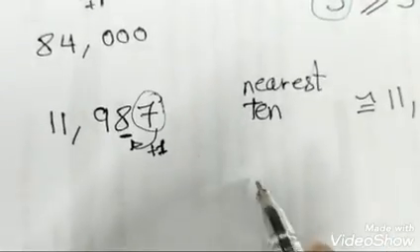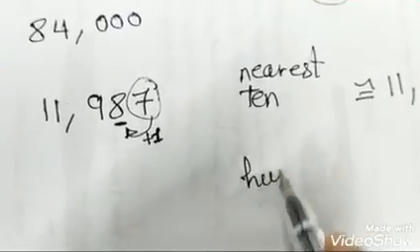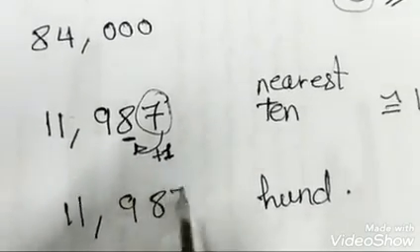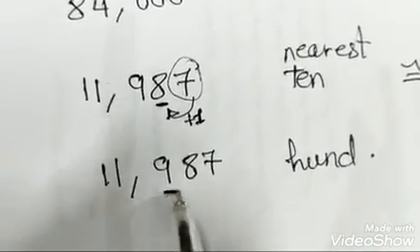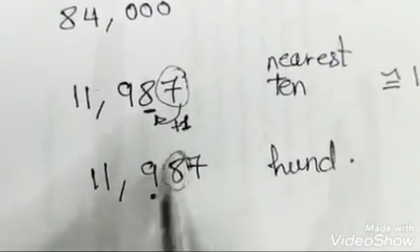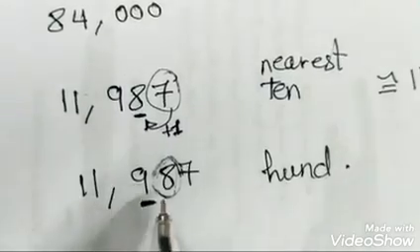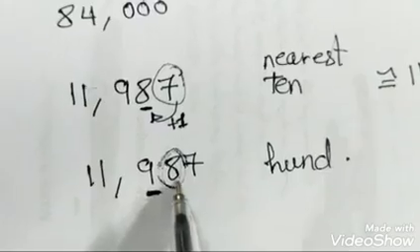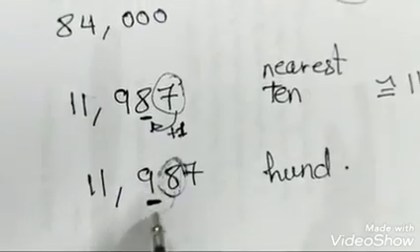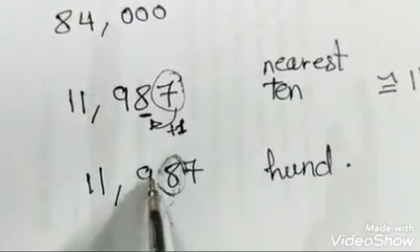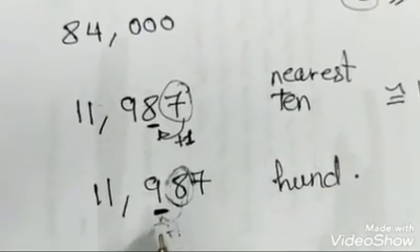Then the nearest 100. In 11,987, the hundreds digit is the 9. I will have a look at the number to the right side. It's 8, which is more than 5, so this one will be increased by 1. 9 will be increased to 10.